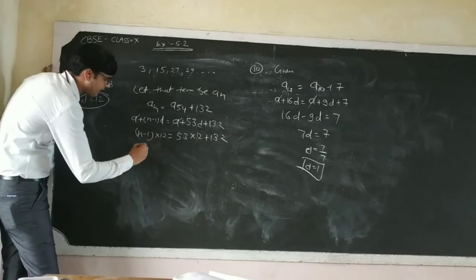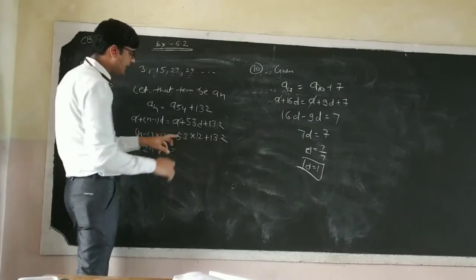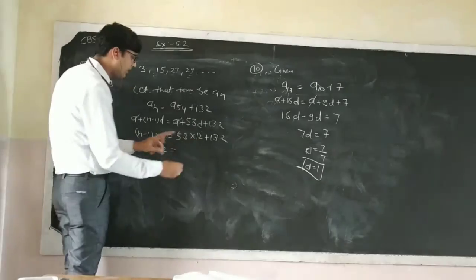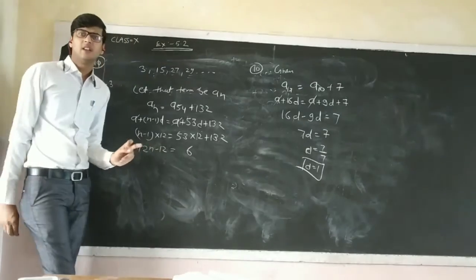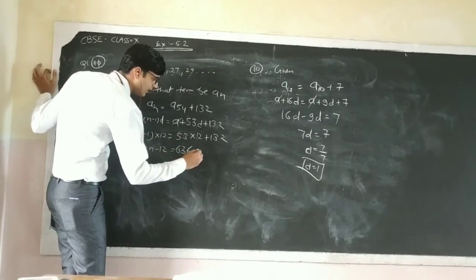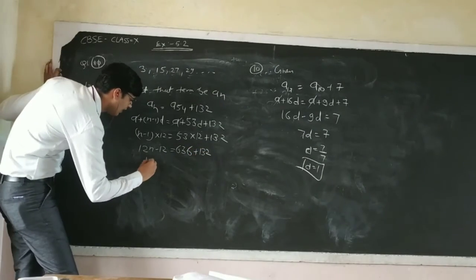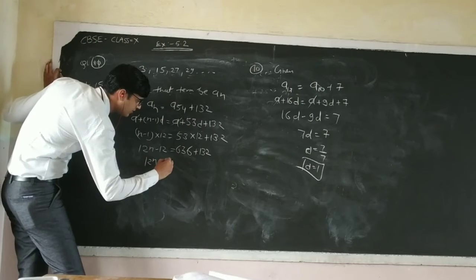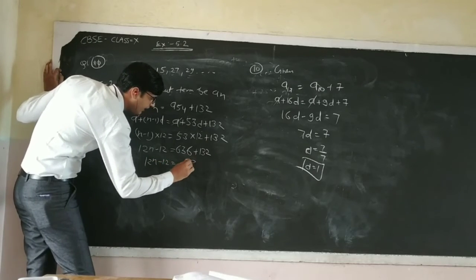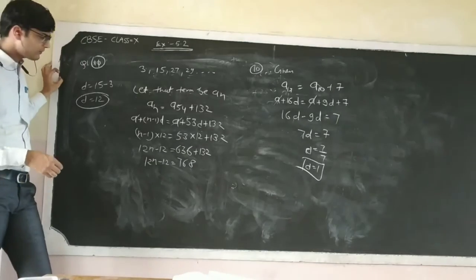So 12n minus 12 equals 53 into 12 plus 132. 12 times 53 is 636, plus 132 is 768.